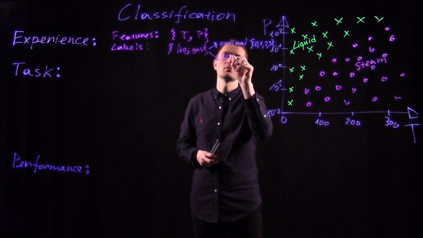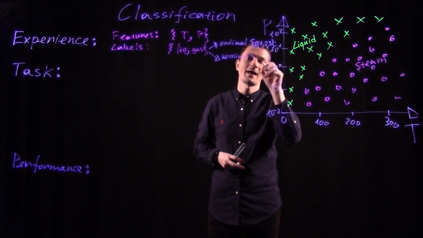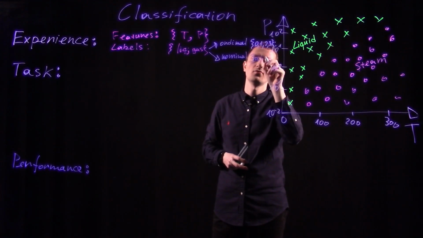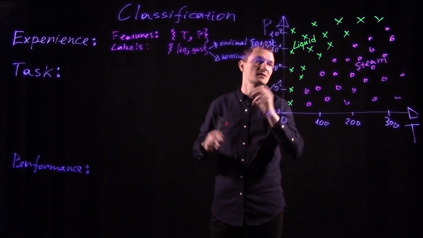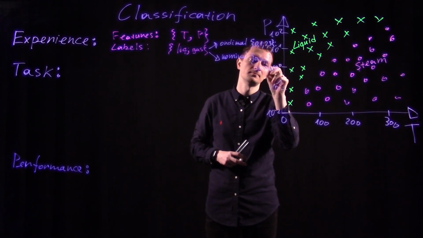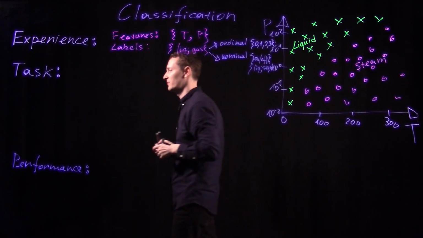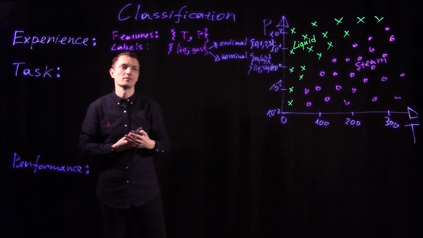And it might be also nominal value, where you basically do not have any order, for example, on, off, or it might be, for example, liquid, steam, or solid. Basically no order, just a list of values this label can take.